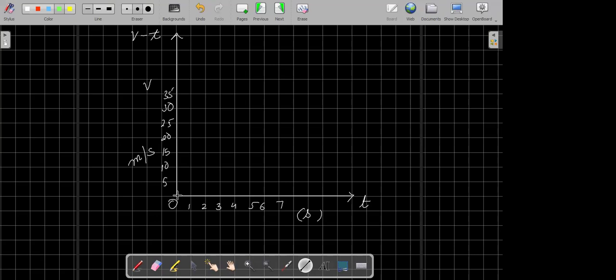For example, suppose you have a straight line like this. You can have a straight line graph, something like this also. You can have a straight line graph moving downward also.